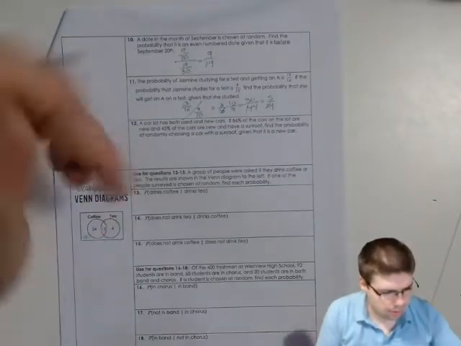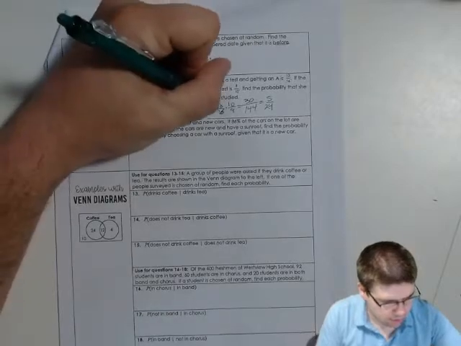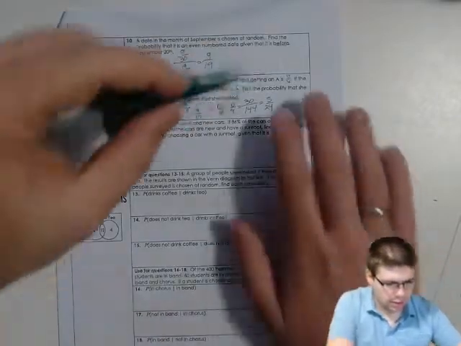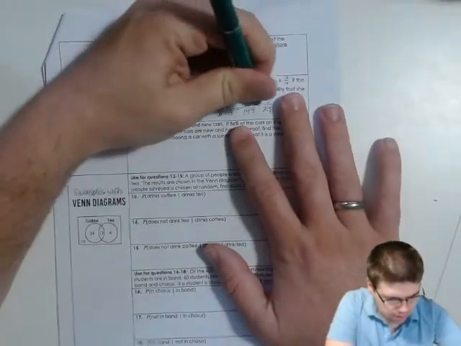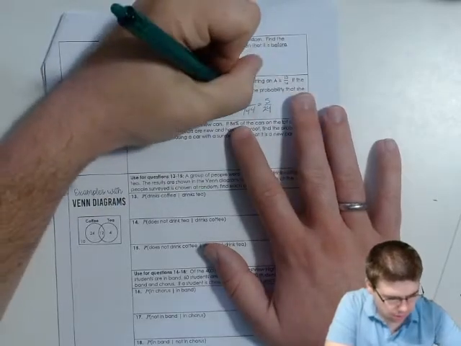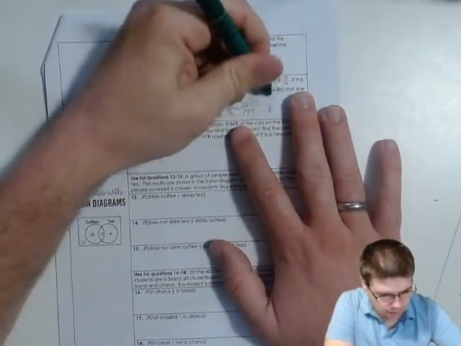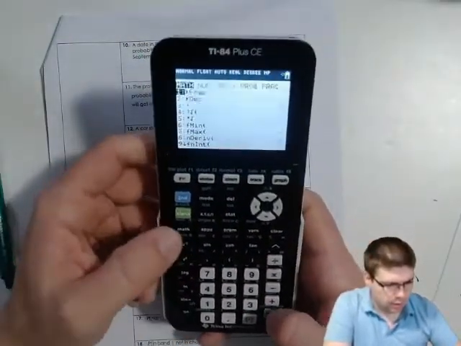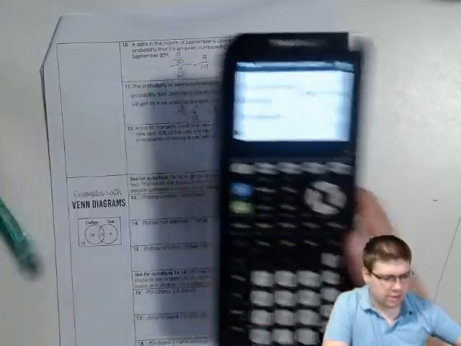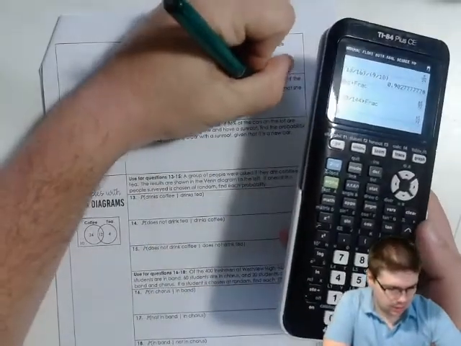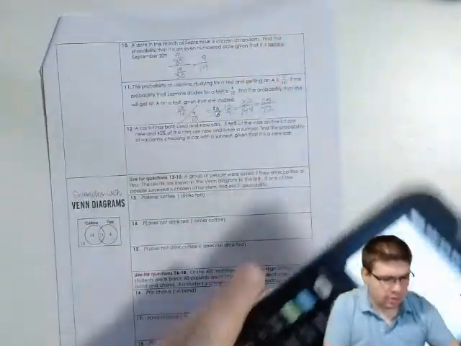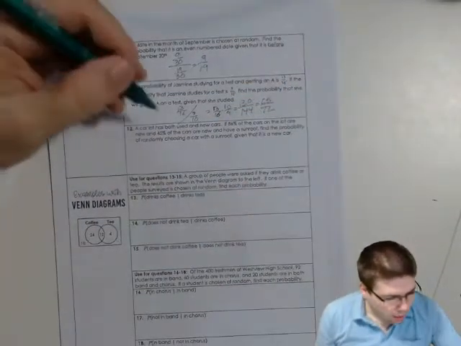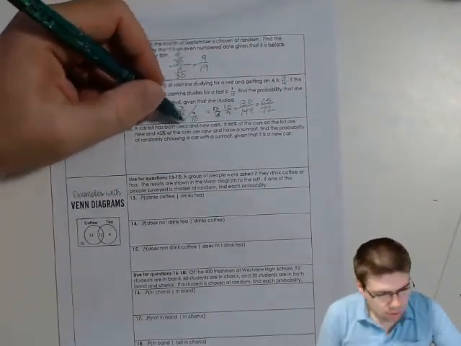Yep, and it looks like I made a mistake there. I just did 3 over 16, so that should have been 13, and that changes this up a little bit. Sorry, this should have been 130, which is not going to reduce to 5/24. 130 over 144 reduces to 65/72. Not as nice. 65/72. Sorry about that.